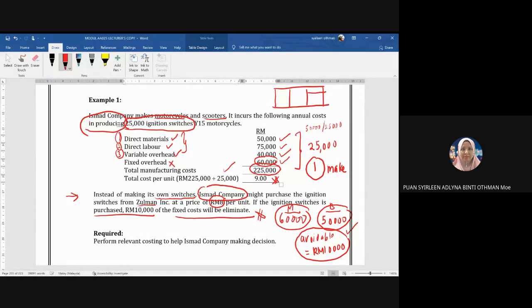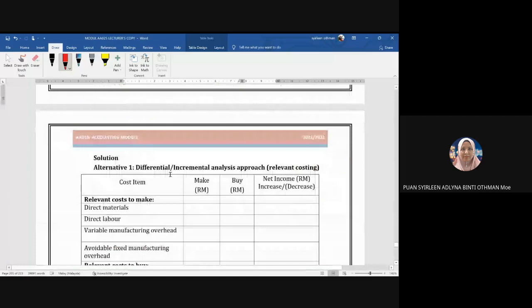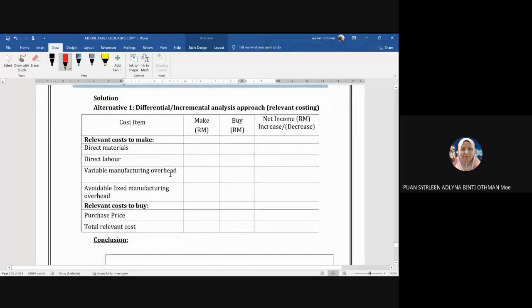Okay, alright, so bila dia avoidable, automatically kita faham, alright, this is your relevant cost. Okay, dia suruh kamu tolong Ismat buat decision. Alright, look so simple, nampak senang je. Alah madam, yang ini pun nak suruh kami fikir. Kena fikir dan ada cara nak fikir. Okay, alright. Ini adalah table yang you akan buat. Okay, for this decision making, I am going to show you only alternative 1.